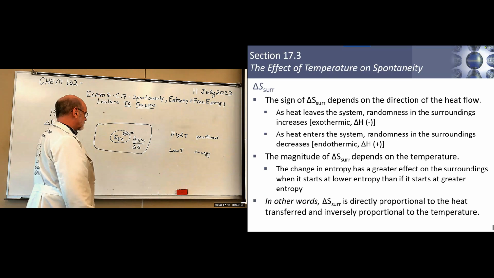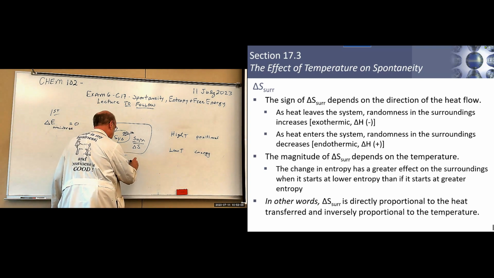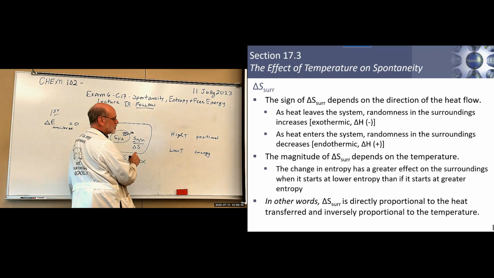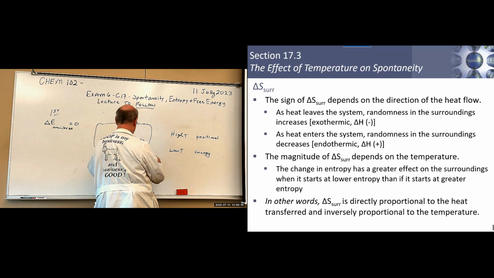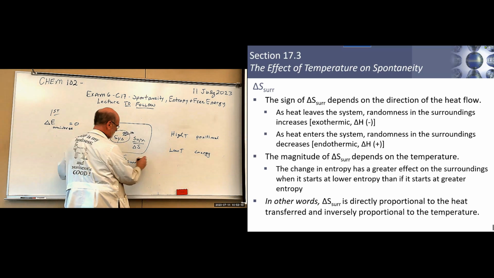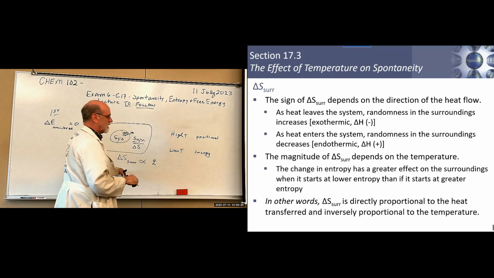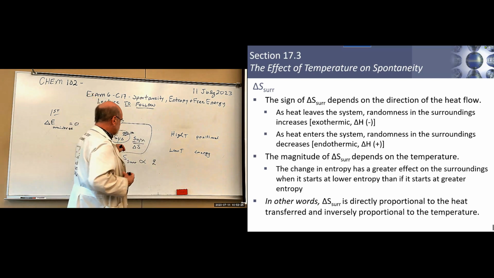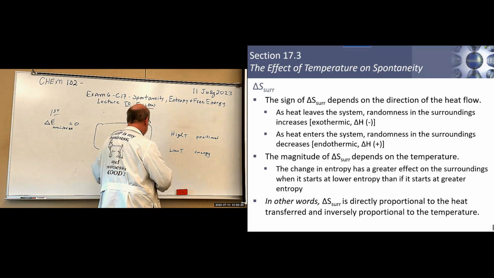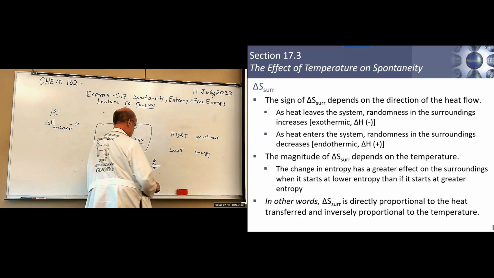So in other words, the delta S for the surroundings is directly proportional to the heat transferred, right? It's going to increase if we put it like that. It's directly proportional to the heat transferred, but as the temperature increases, it becomes less important. So it's inversely proportional to the temperature. Right?